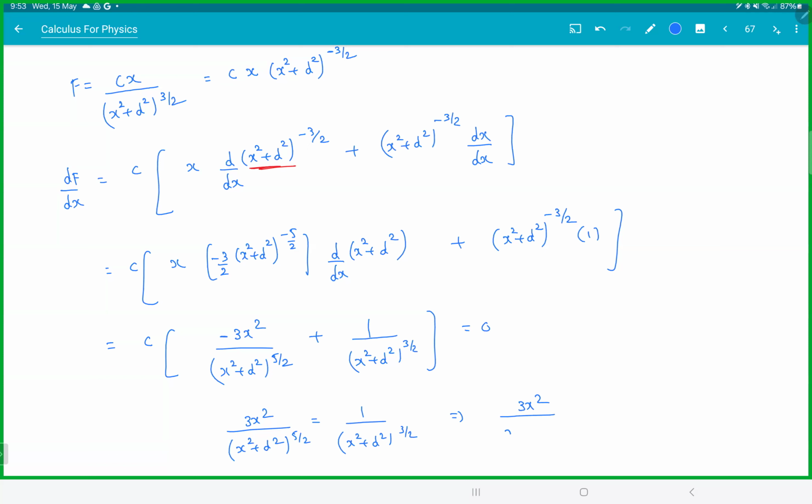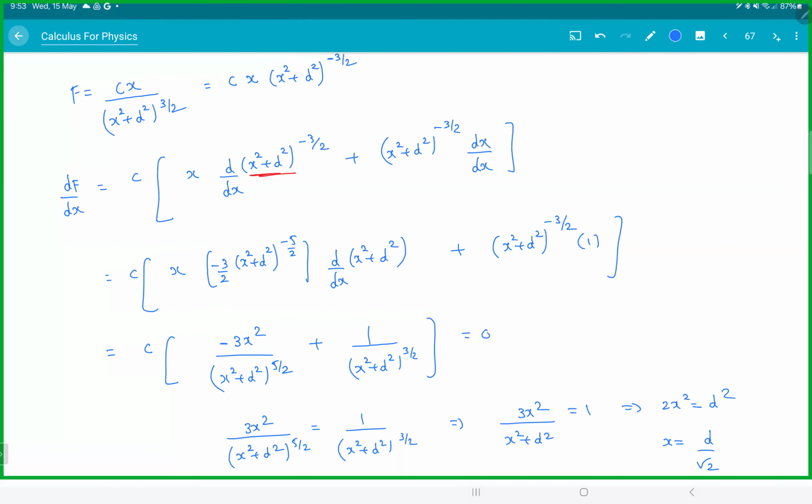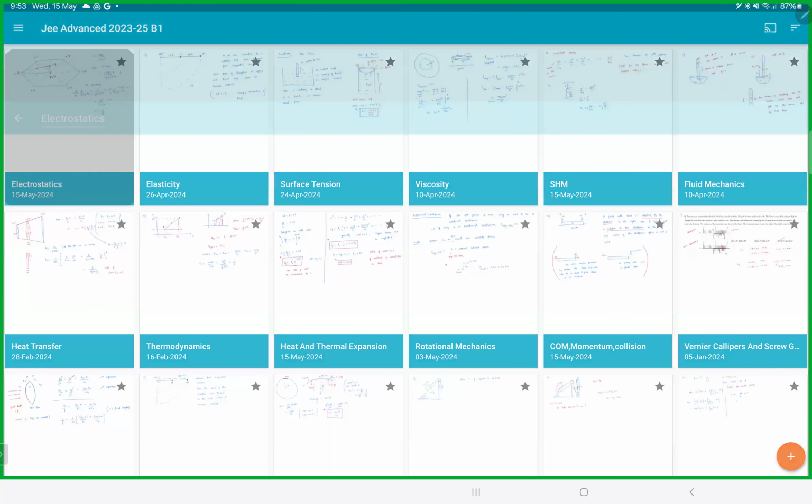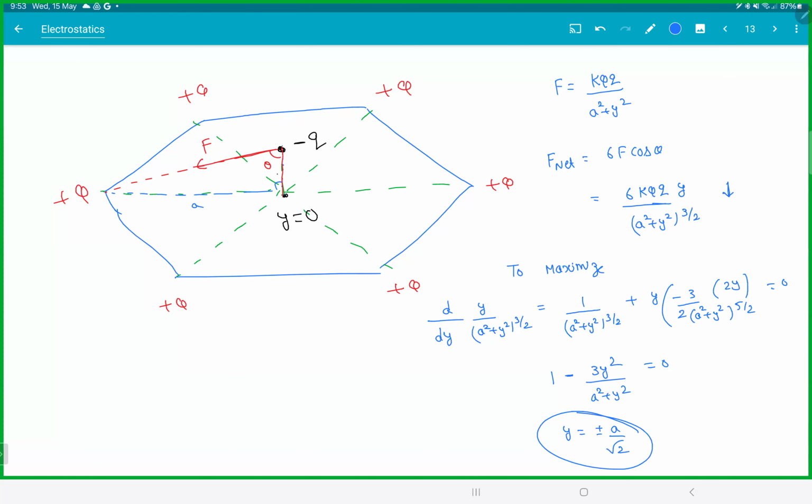So 3x square by (x square plus d square) is equal to 1. That would be 2x square is equal to d square. We get x is equal to d by root 2. That's your answer. Set this distance x equal to d by root 2, and you get a maximum force. And if you see the question which we did earlier, it was the same answer, a by root 2.